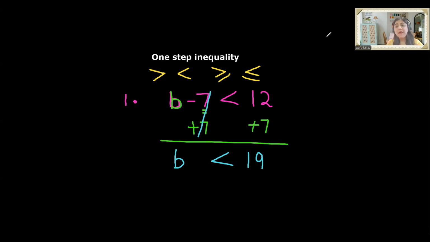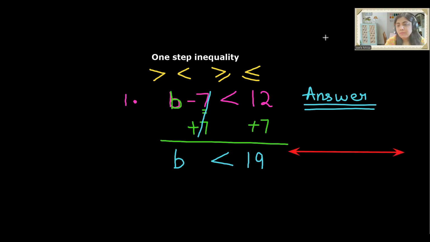So let's mark this answer on the number line. First I will draw the number line. Let's say this is my number line. On this number line, I will mark 19.